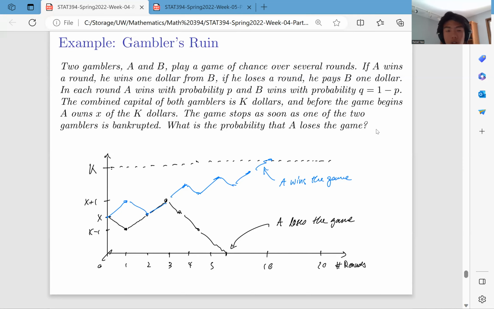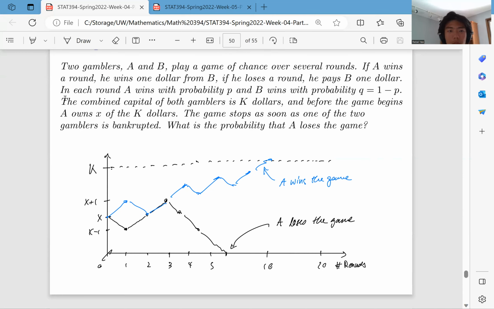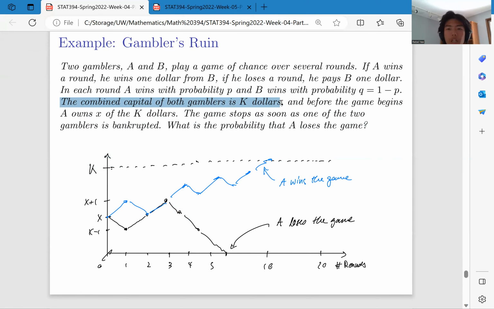The chances that A wins and B wins add together to 1, but P is not necessarily equal to 1/2, though it could be. The combined capital of both gamblers is K dollars, so they have K dollars combined at the beginning.